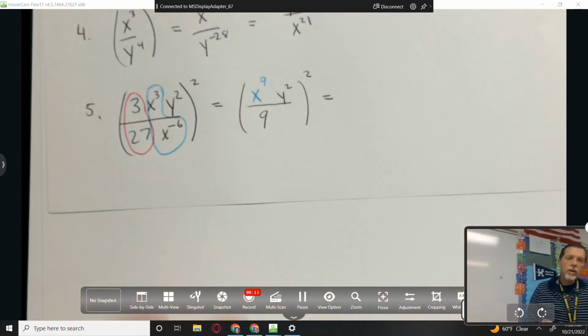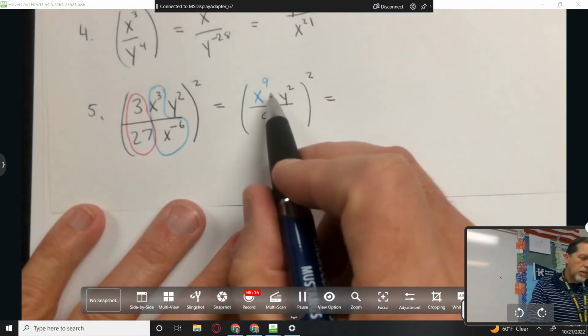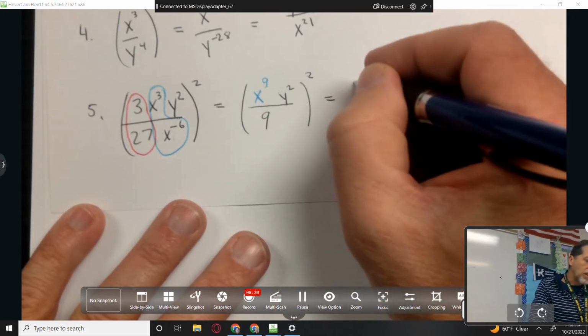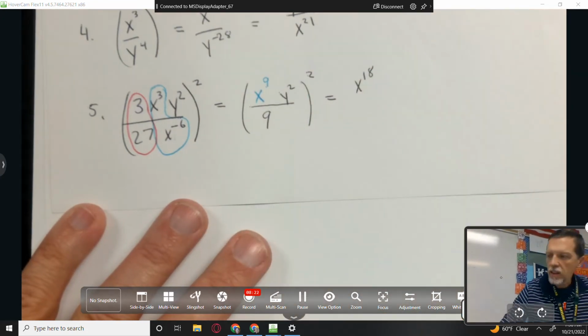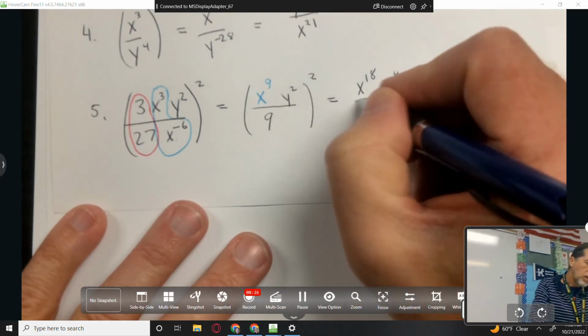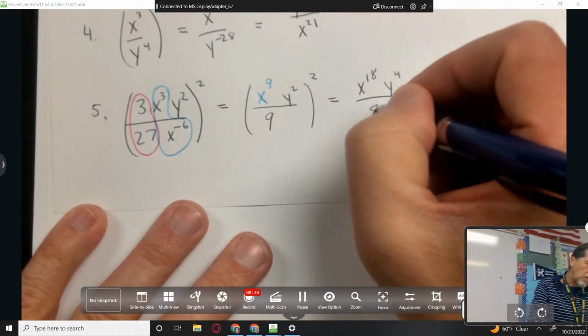And then let's square everybody. Although, be careful, this isn't 9 squared. It's 9 times 2 is 18. 2 times 2 is 4. But 9 squared is 81.